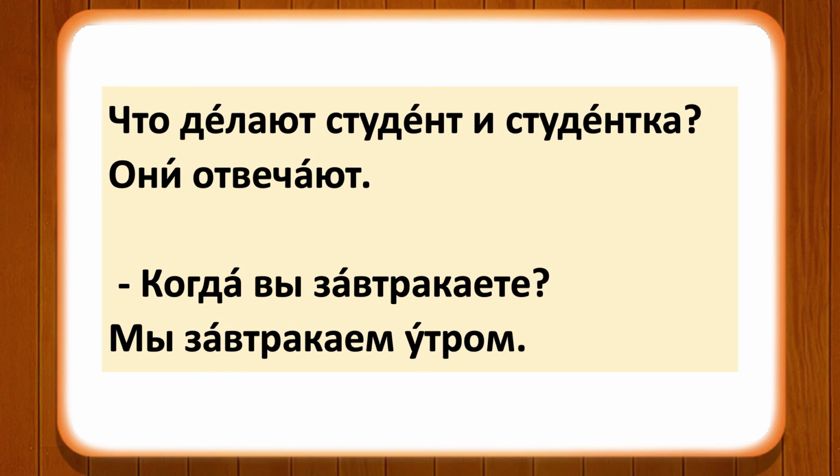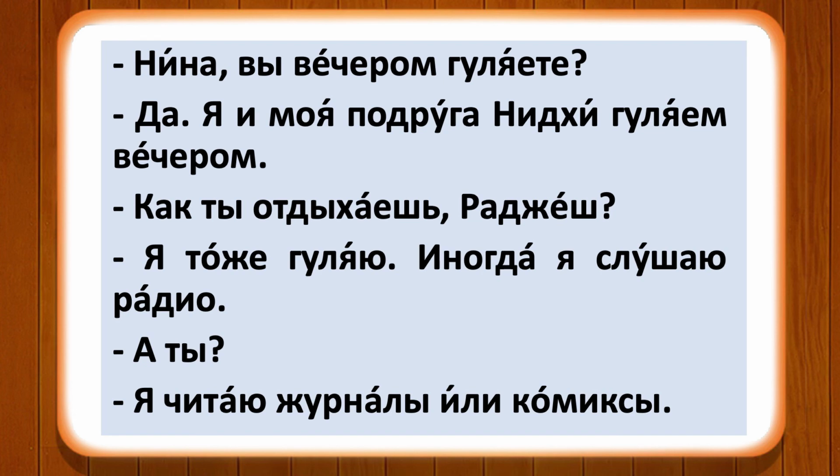The next dialogue is: Нина, вы вечером гуляете? Да, я и моя подруга Нидхи гуляем вечером. Nina, вы гуляете вечером? With вы, the verb form of гулять is гуляете. The answer is yes.